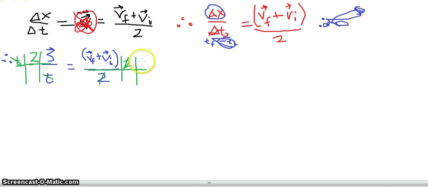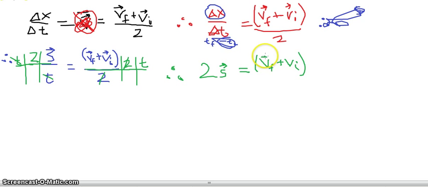Therefore, you have 2 times displacement equals velocity final plus velocity initial, and all that's times time. And this is as far as you can go with this one portion.